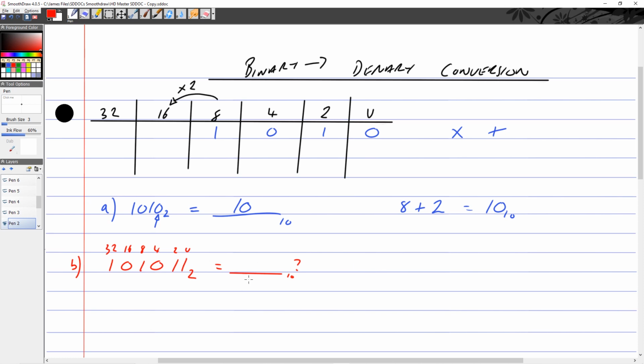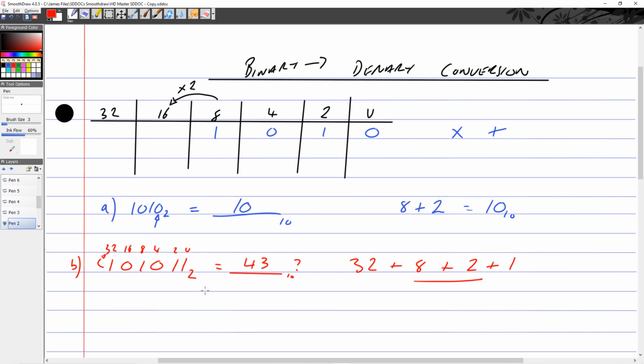So this number, we have one lot of 32. And we also have an 8. We also have a 2. And we have a 1. So look for number bonds. 8 and 2 is 10, plus 32 is 42, plus 1 is 43.